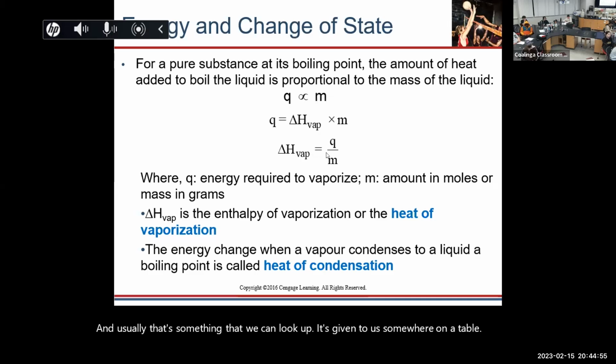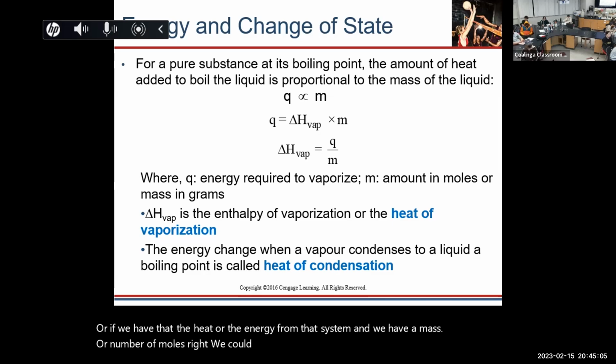Or if we have the heat or the energy from that system, and we have a mass or number of moles, we can calculate that delta H as well, just by changing around the equation.